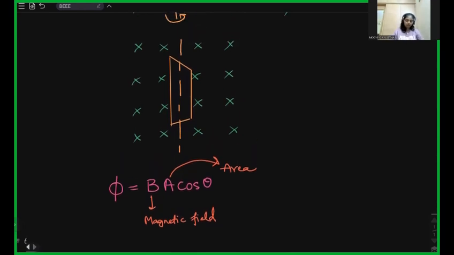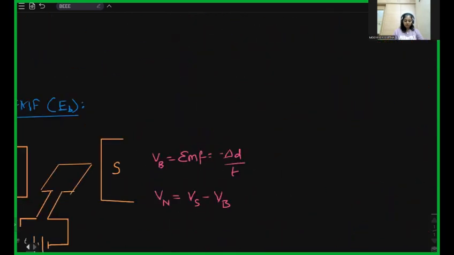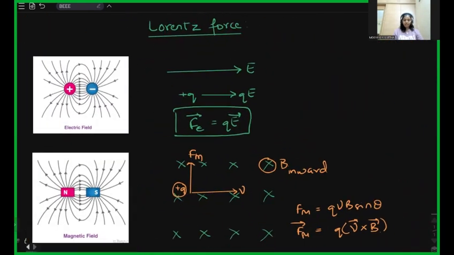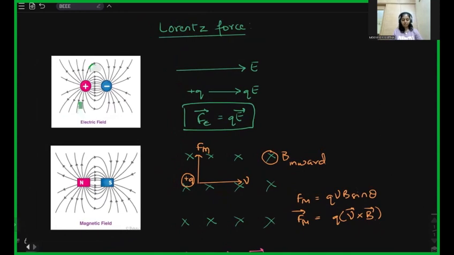Let us look at the second topic, which is Lorentz force. We have already studied in 11th and 12th physics about electric fields and magnetic fields. Electric fields are caused due to charges and the force between the charges. A magnetic field is caused due to the two poles of a magnet and the force between the magnets, which in turn creates grid lines like this.